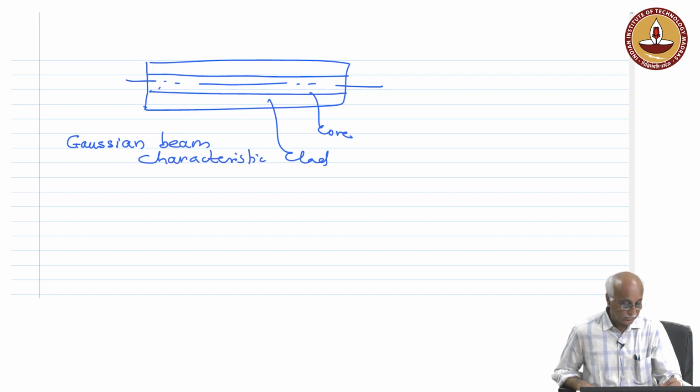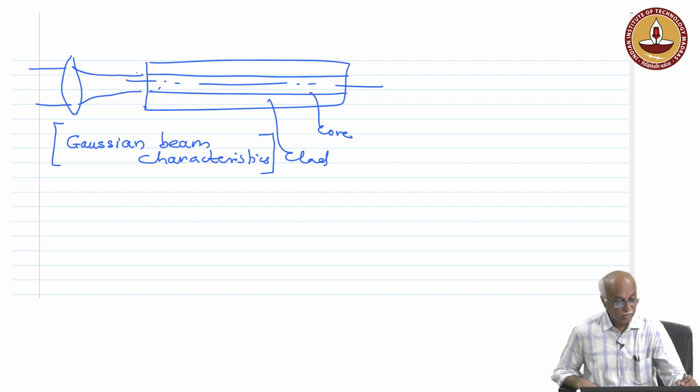So when we talk about laser optical sources, we will discuss this Gaussian beam characteristics. However, in case of this single mode fiber, when a laser light is coupled to the fiber, first of all, in the focusing, it will follow Gaussian beam characteristics, independent of the numerical aperture of the fiber.